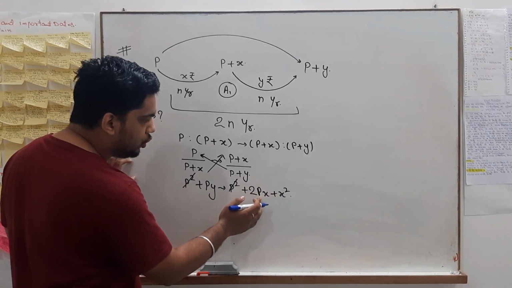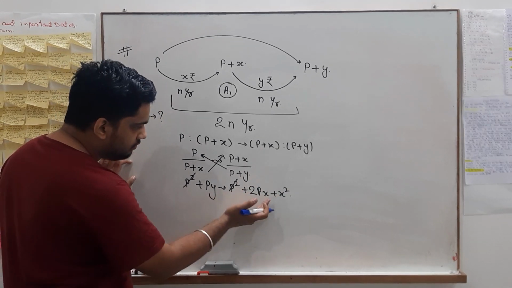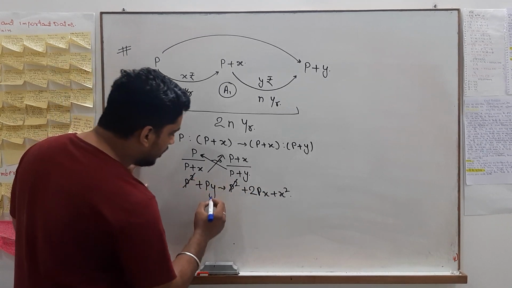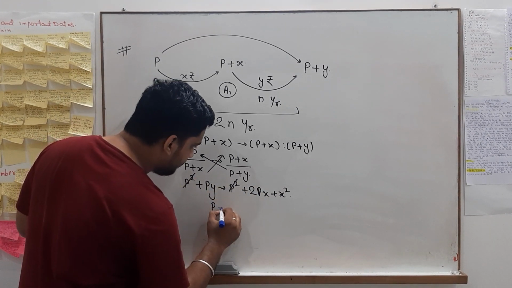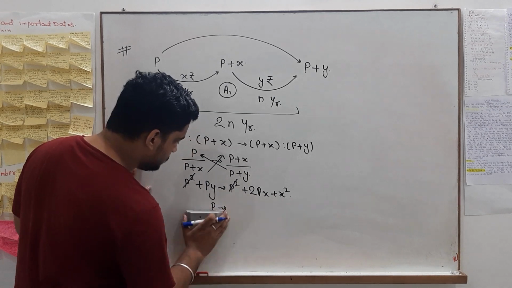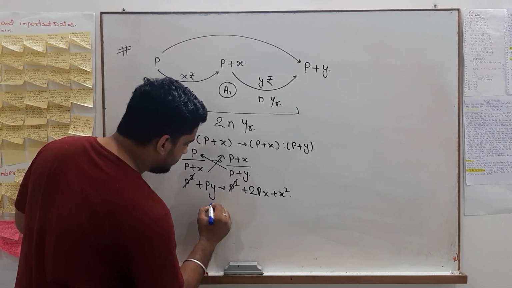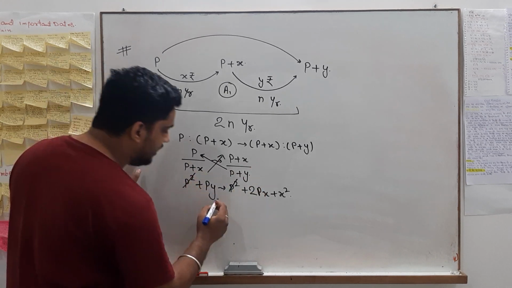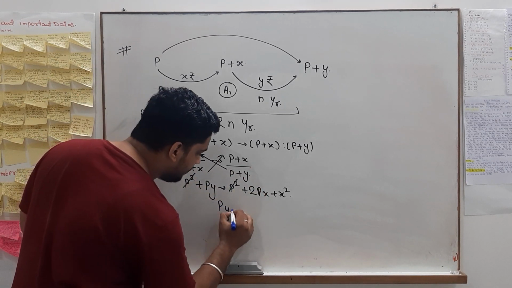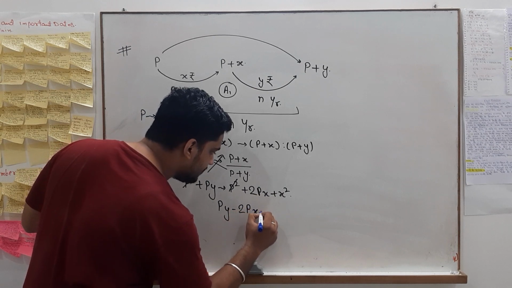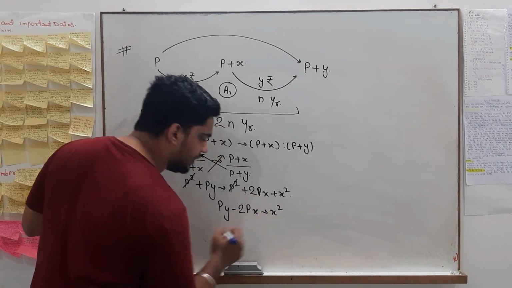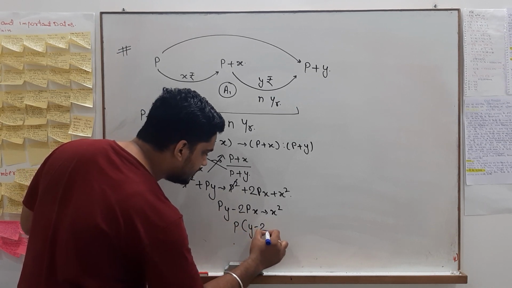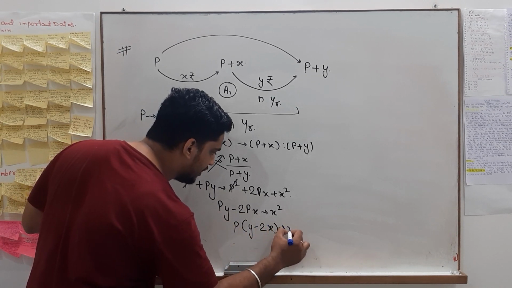Py equals 2Px plus X square. When we take this 2Px over here, Py minus 2Px equals X square. Taking P as common, it will become P into Y minus 2X equals X square.